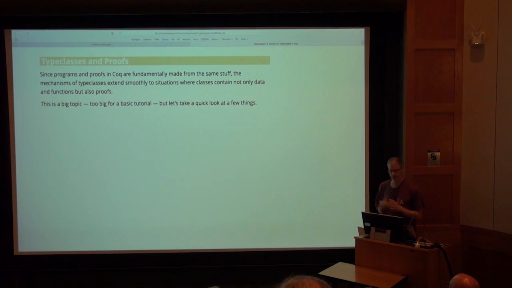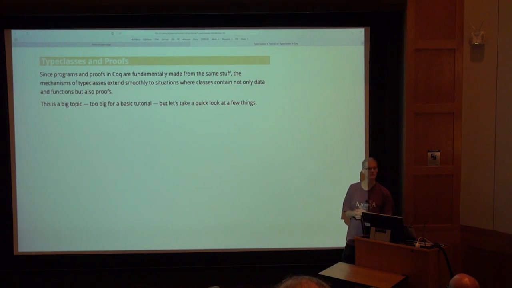And that fact is heavily used in the libraries in Coq and the developments in Coq that use type classes. We don't have time right now to go deeply into this, so for now I'm just going to let you know that all of these features are there when you want to use type classes in proofs.